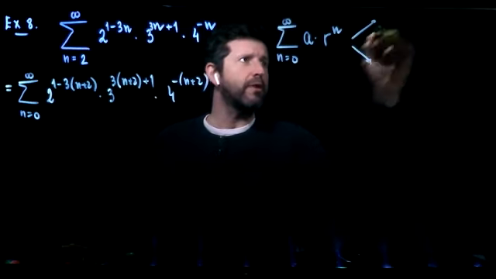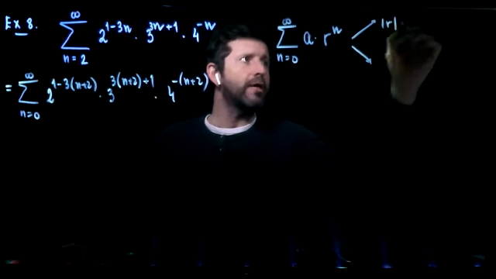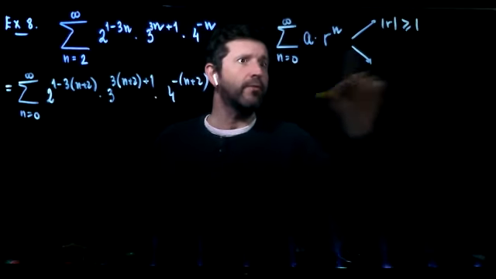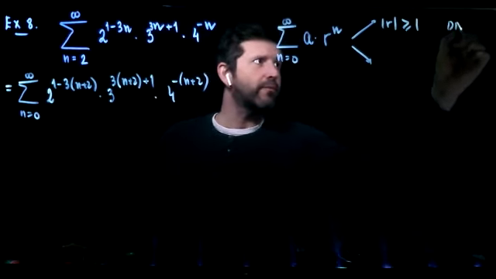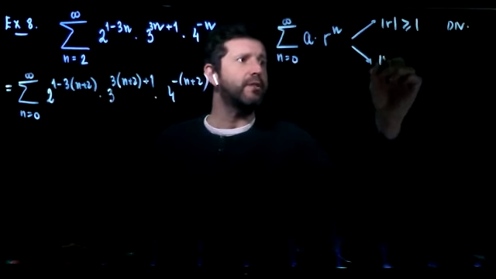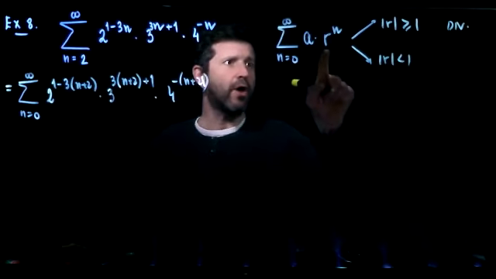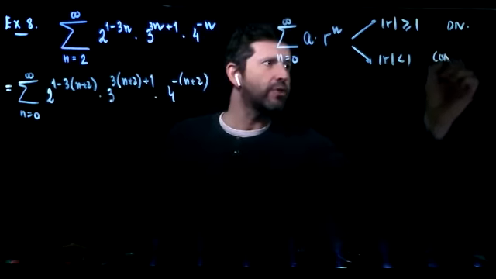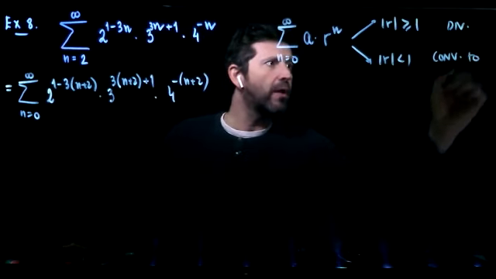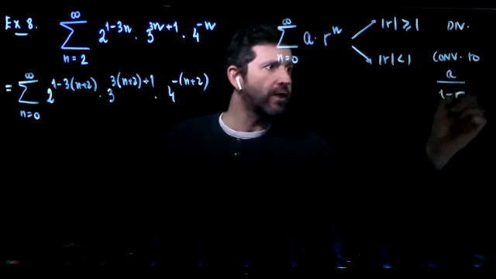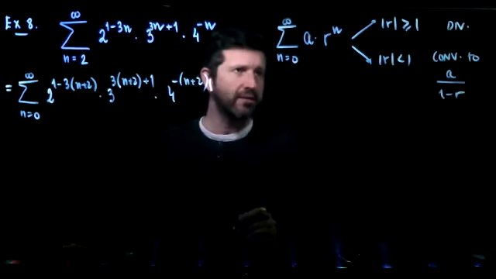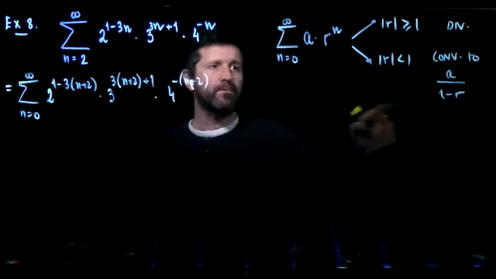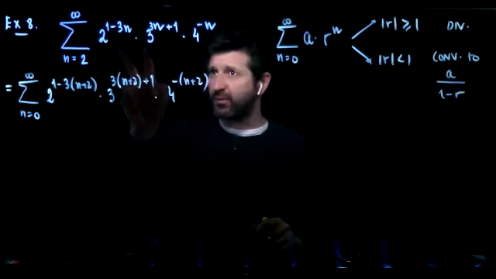If the absolute value of r is greater than or equal to 1, then the series diverges. And if r is less than 1, then it converges to a over 1 minus r. Okay, so we didn't prove this yet, but that's what we're doing.